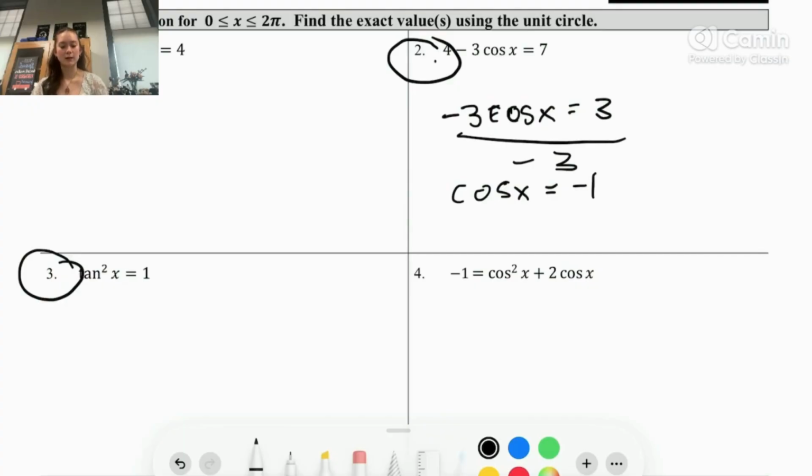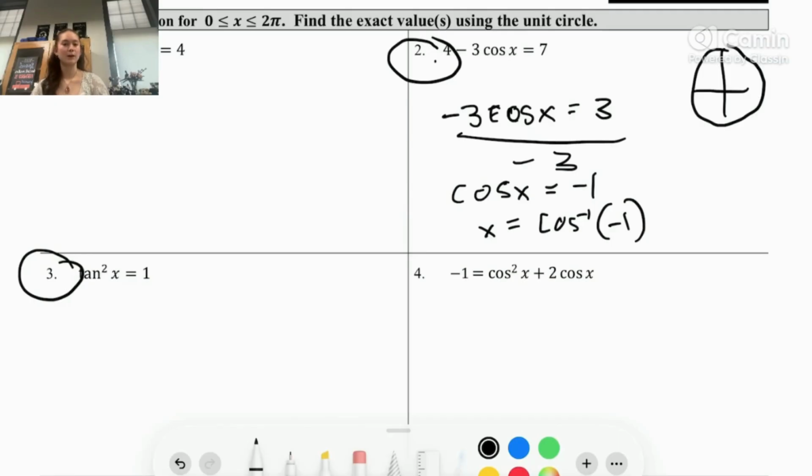In order to find the exact value on the unit circle, you would do inverse cosine, so x equals cosine inverse of -1.